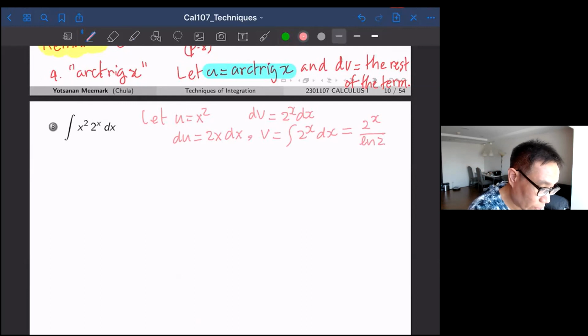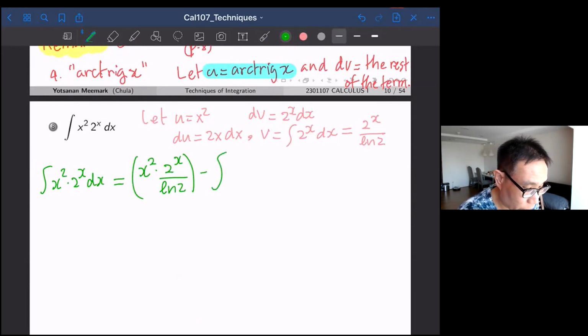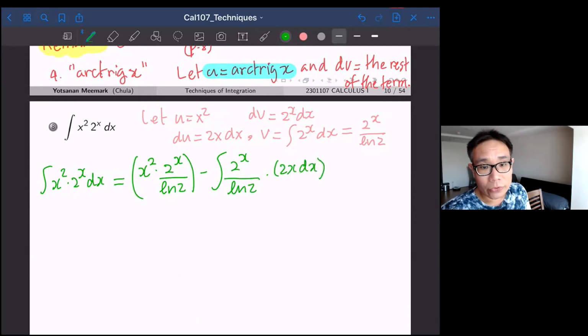And so you use integration by parts on x squared 2 to the x dx. For this guy, it's going to be uv, so x squared times 2 to the x over log 2, minus integrate v, which is 2 to the x over log 2, times du, which is 2x dx. So you see that you use by parts and you get something.